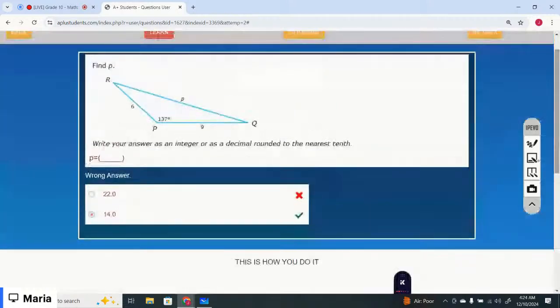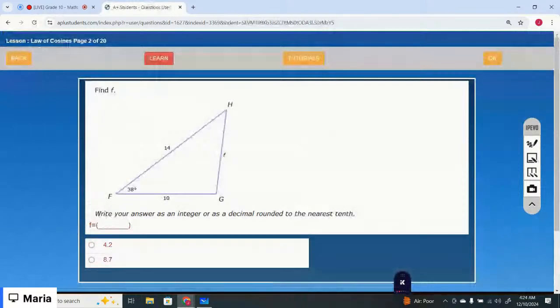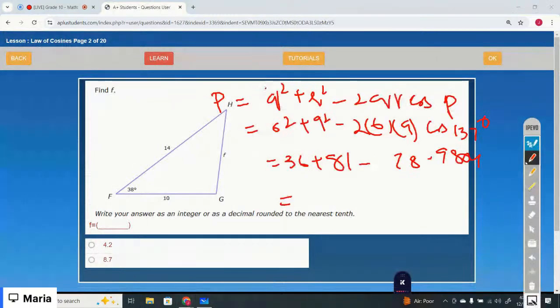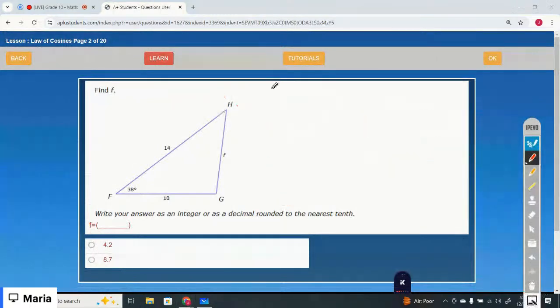Okay, let's just move on to the next one. The next one is find f. Okay, let's just solve this one, right? That is then f square equals 14 square plus 38 square minus 2 times 14 times 38 times cos of 38 degrees, right? Let's just solve.